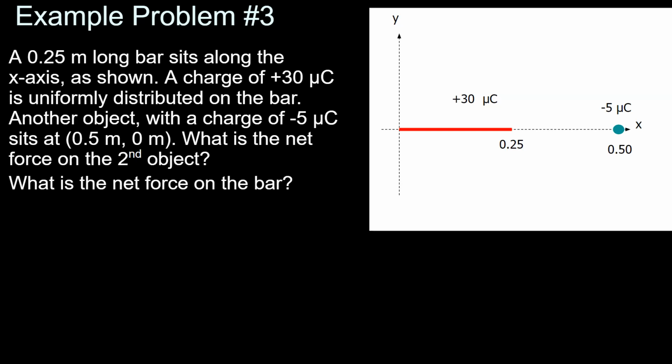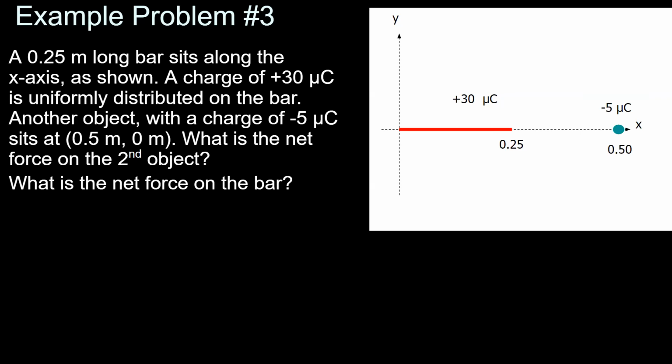Now let's say you have another point charge away from it, a charge of -5 microcoulombs. The bar is 30 microcoulombs and is 0.25 meters long. Now, what is the net force on the second object if it's 0.25 meters away from one of the tips of the bar?